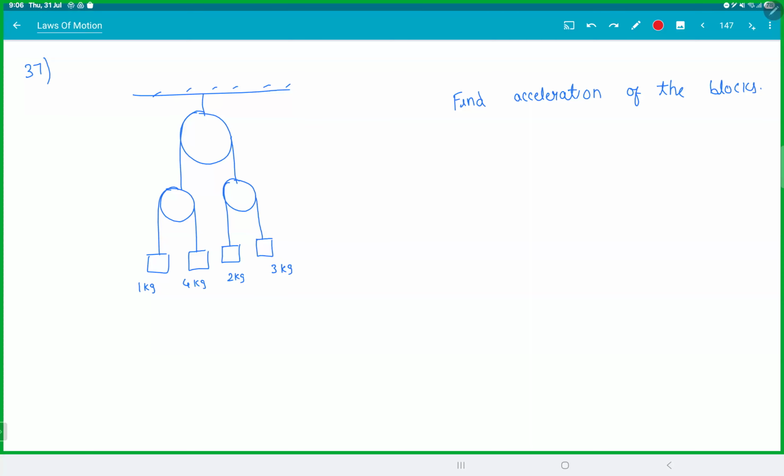I'll give you a minute more. Srihari, there are 4 blocks, so which one are you talking about? Give me all 4: A1, A2, A3, A4.